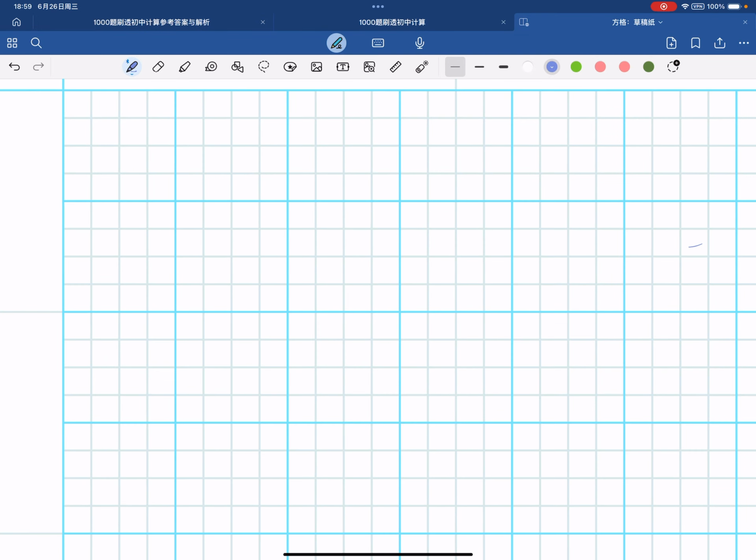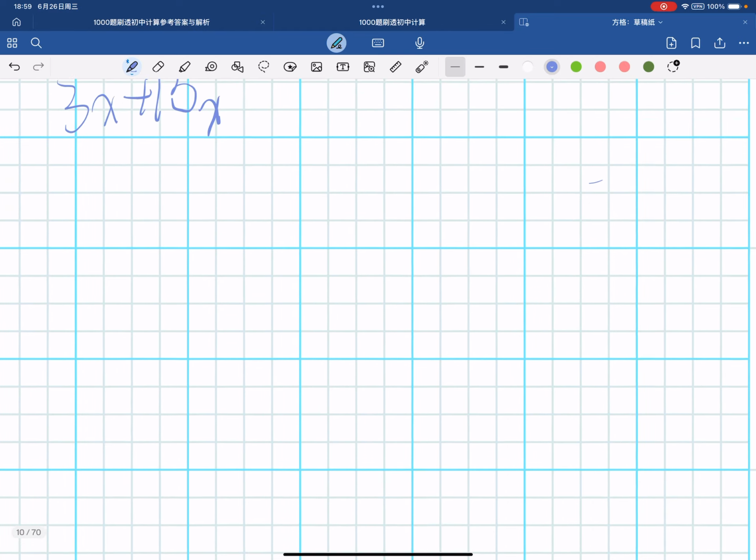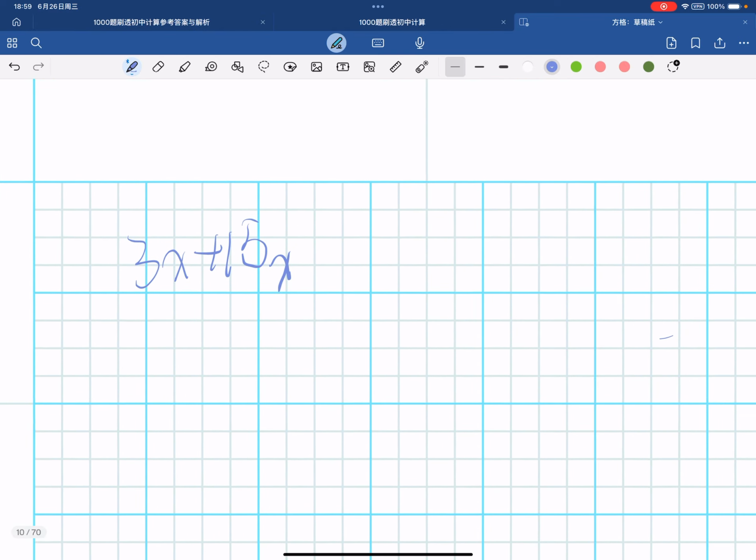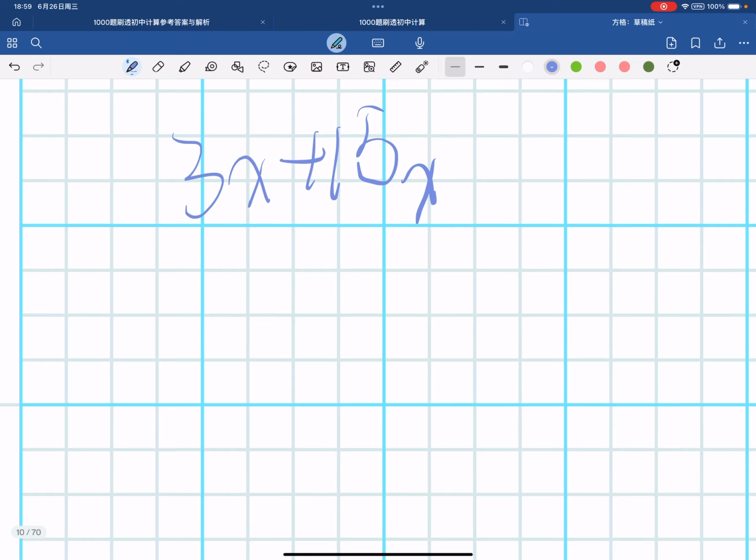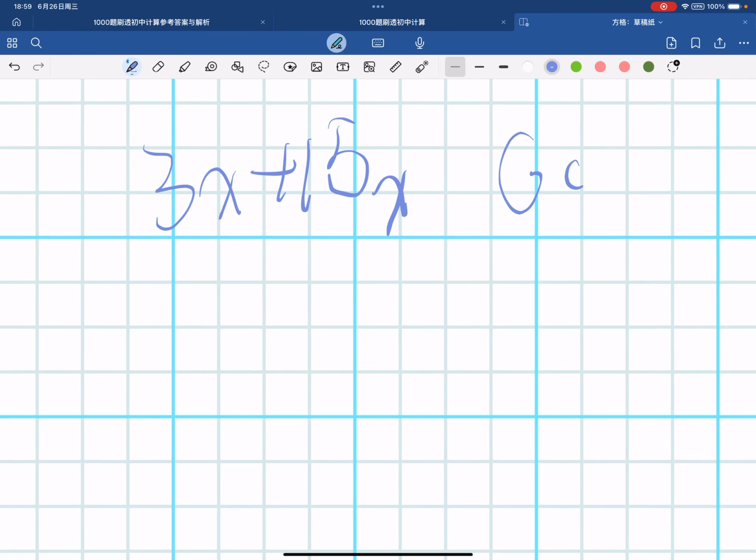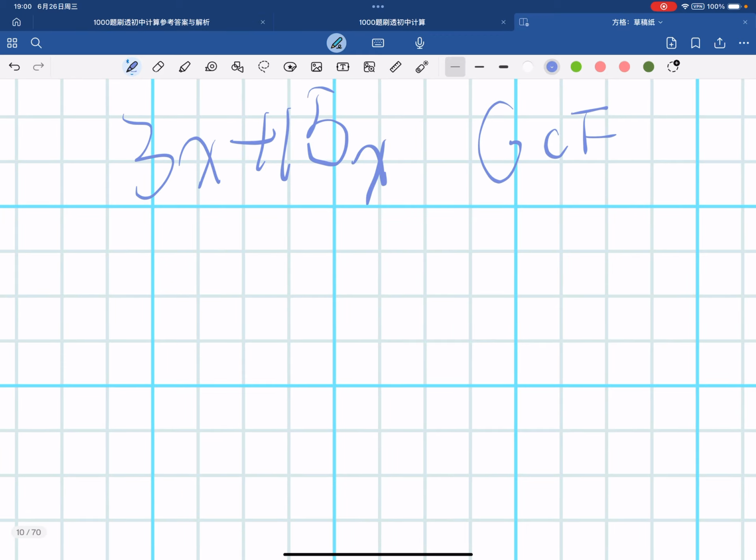For instance, how to factorize this simple sequence? We need to find the GCF of this sequence, the greatest common factor, which is the largest number that can divide both 3x and 15x, which is 3.